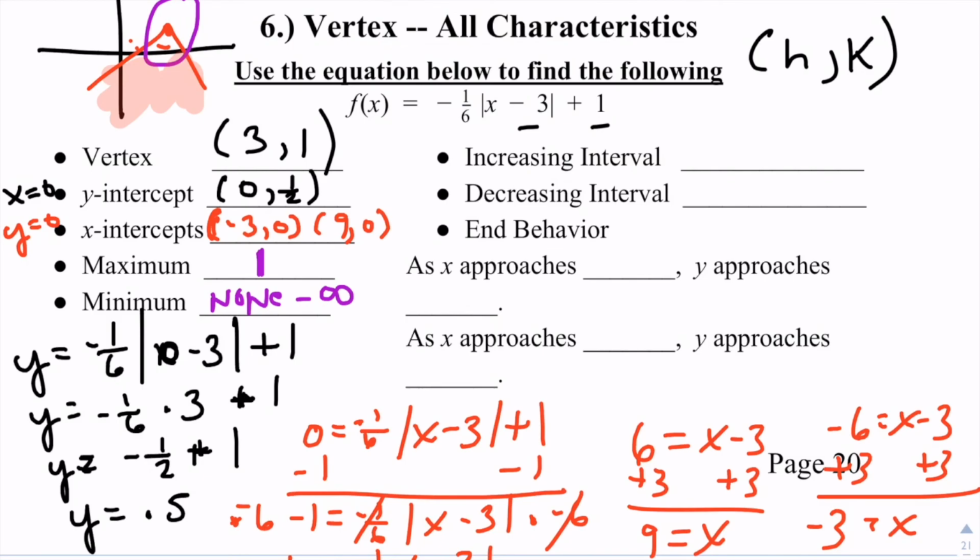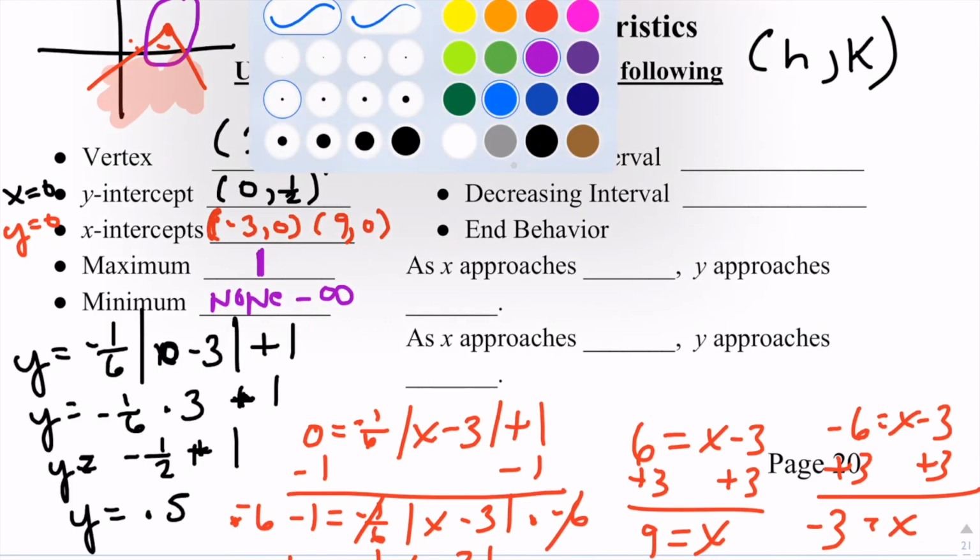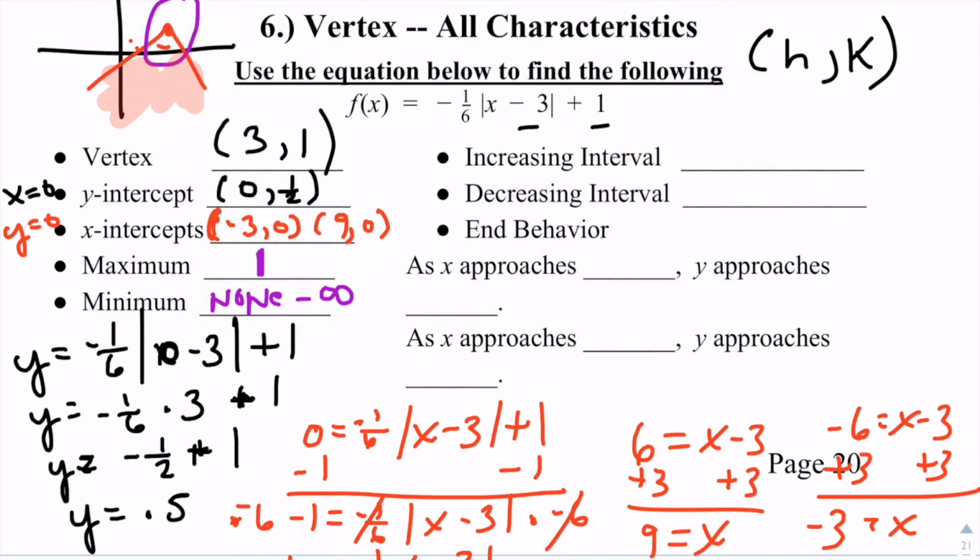Now also, looking at my little sketch here, because I know that it's upside down because of the reflection, I know my increasing interval is from -infinity, which is from here, to the vertex. So from -infinity to 3. And I know that my decreasing interval from here to here is going to be my x values, which are 3 to +infinity.